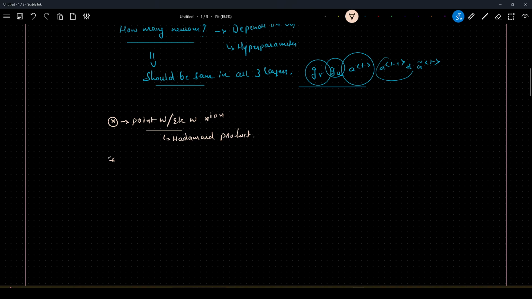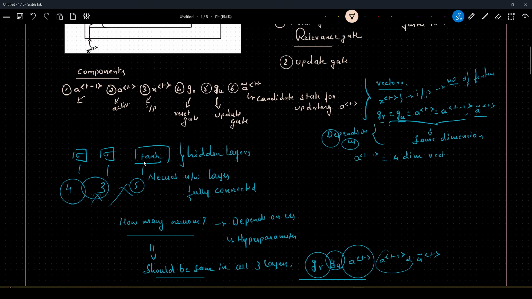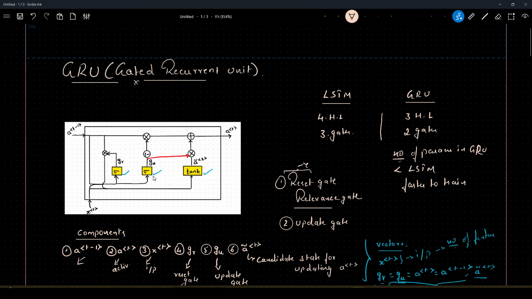This encircled plus is point-wise or element-wise addition. And this 1 minus, I will talk about when we talk about computing AT.